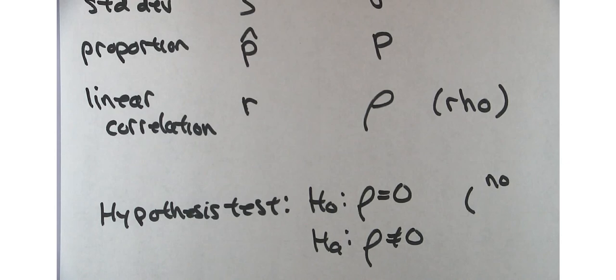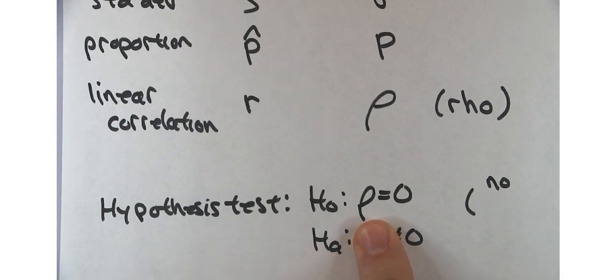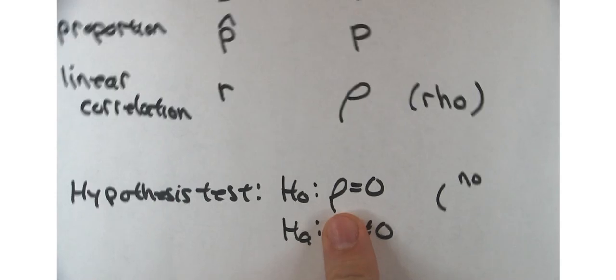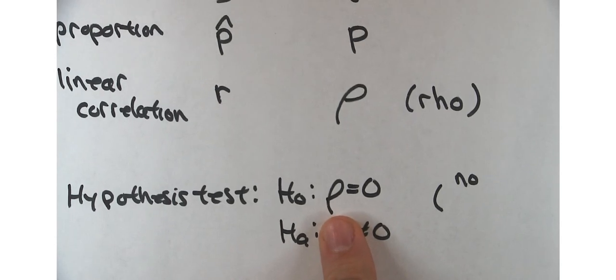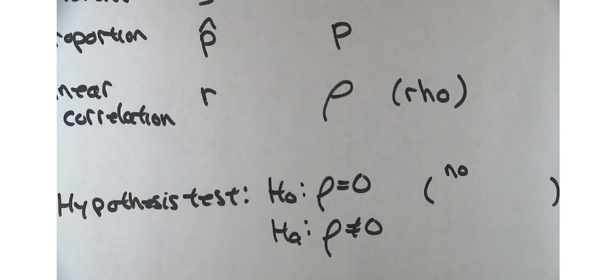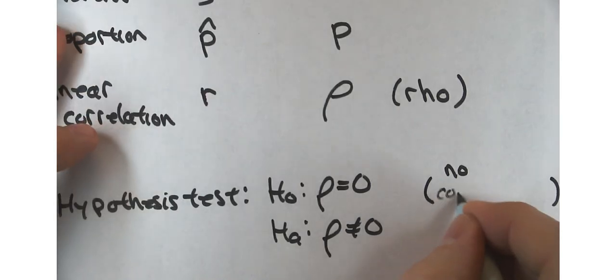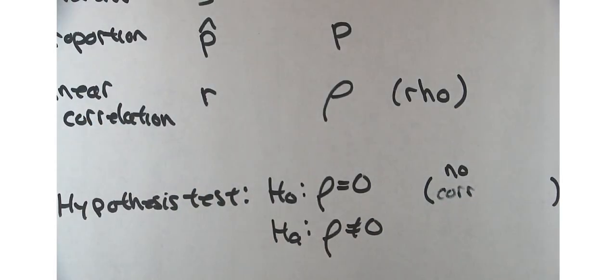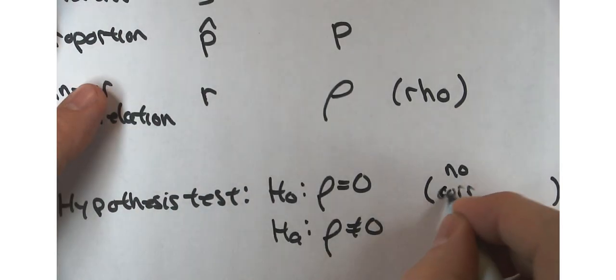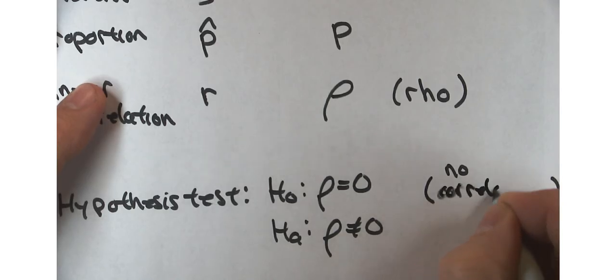So if you do a hypothesis test here, rho equals 0 means there's no correlation.